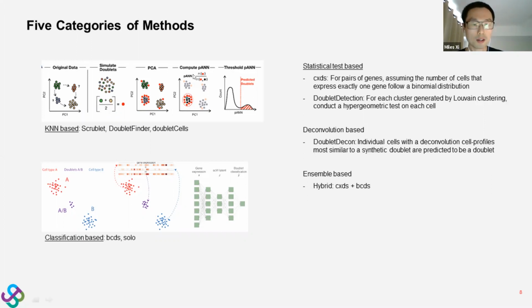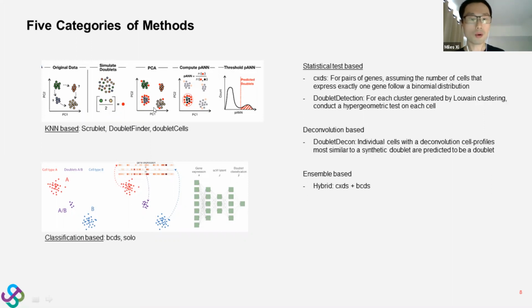So for example, in this figure, the red ones are synthetic doublets, and you do some dimension reduction and project your cells into this two-dimension figure, right? You have X and Y, and it gives you a property that similar cells or data points will come closer together. So you will see some red doublets are closer to certain cells, but other cells are far from those red cells, right?